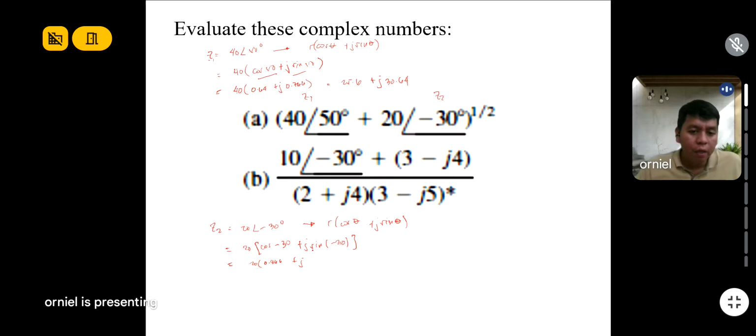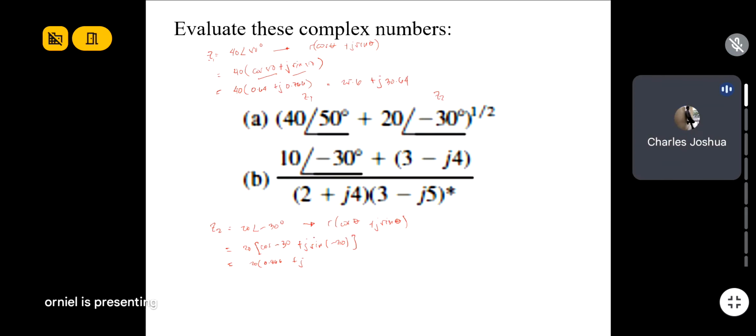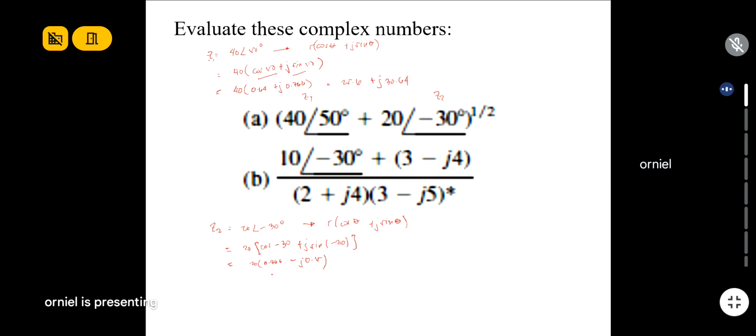What is sine of negative 30? Negative 0.5, sir. Okay, negative 0.5.